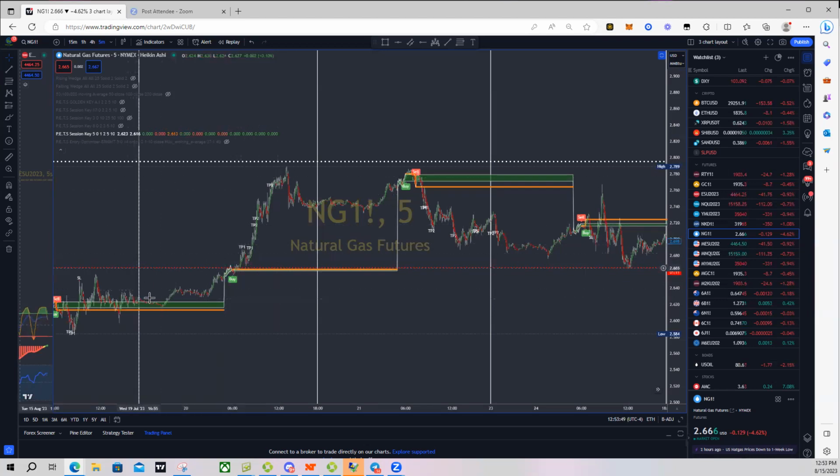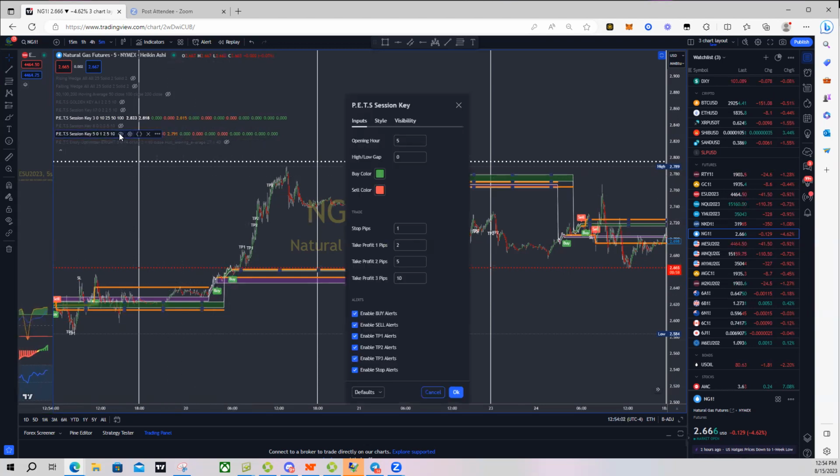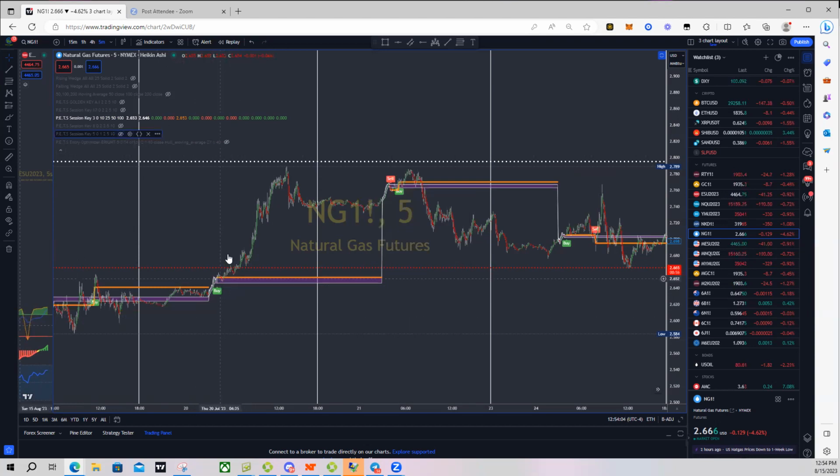Notice this is Asian, all of Asian, and you got it right after London session. Even if you were to pull up the London session, you will see that the London session will probably give you an earlier entry. So let's pull up off the 5, look at London session. Nice trades.